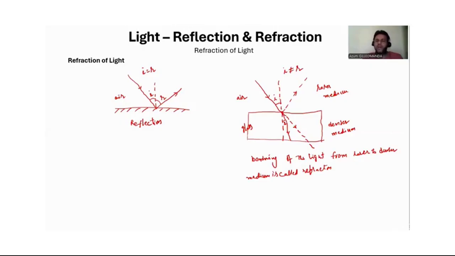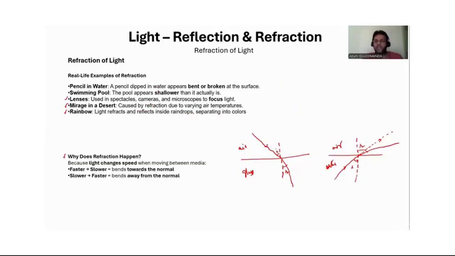In a denser medium, light travels slow and bends towards the normal, and when the light is traveling from a denser medium to a rarer medium, from slow to fast, once it enters the rarer medium it starts moving fast, so it moves away from the normal. We also looked at where we can see this refraction phenomenon.